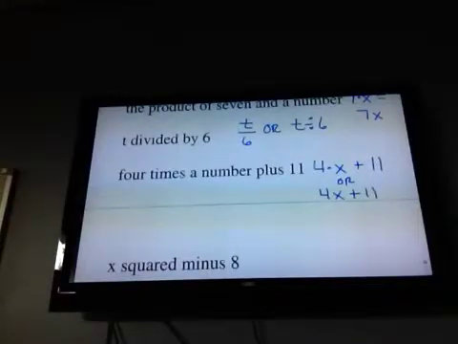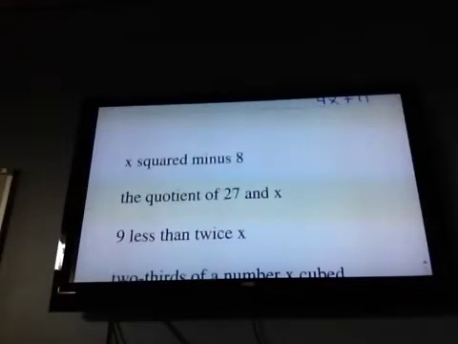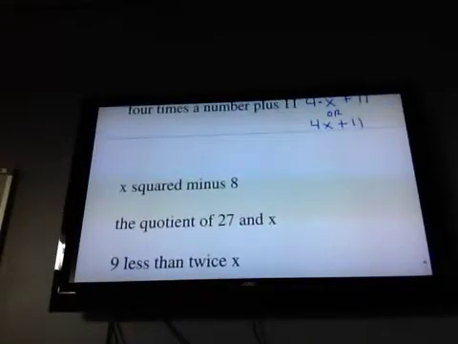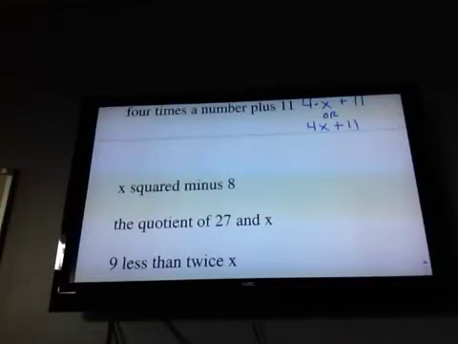And if you wrote it as 11 plus 4x, that would be acceptable. x squared minus 8. x squared, that's knowing that that means to the second power. x to the second power minus, so subtract 8.